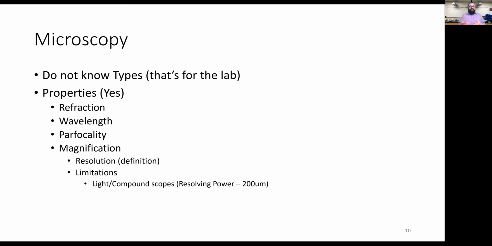Meaning that they cannot separate things out that are smaller than that. It's too small, we won't be able to see very much.